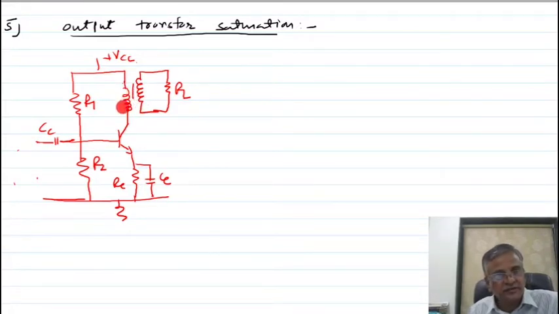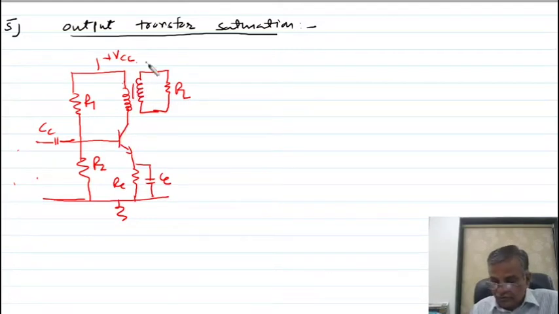This flux depends upon this current. So this collector current is called the magnetizing force. It magnetizes this coil, therefore this current is called the magnetizing current.